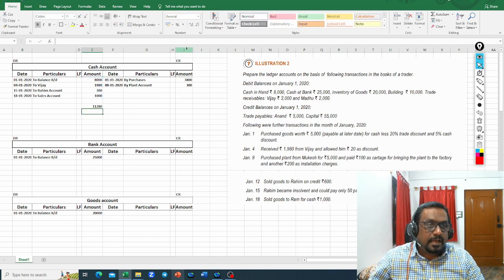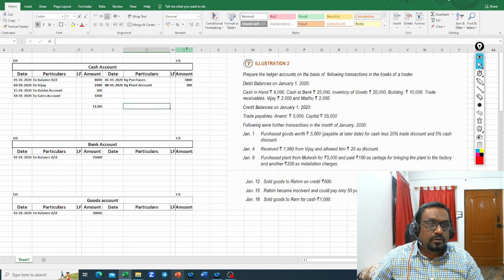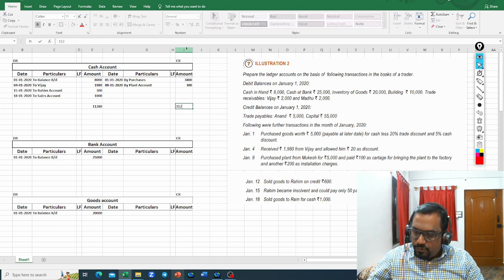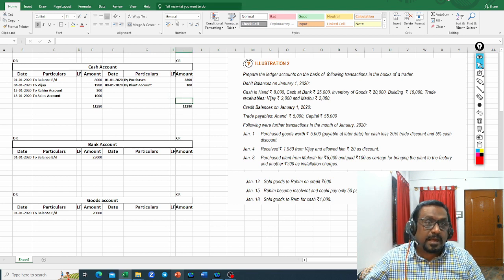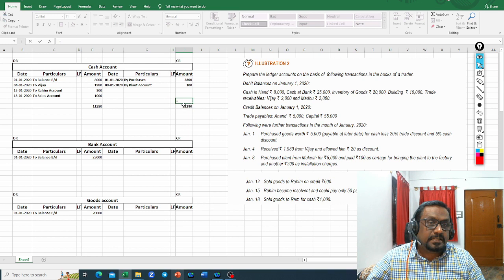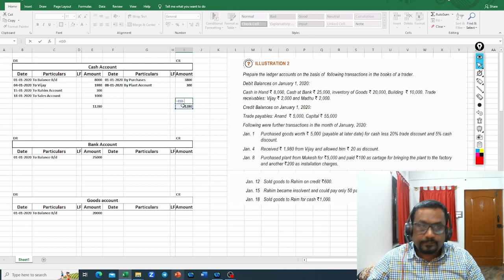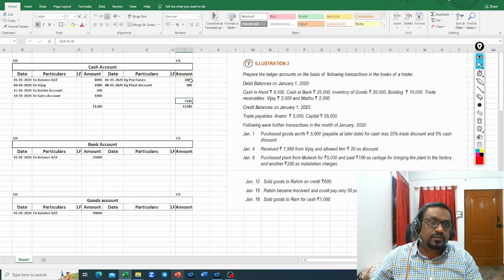So then you get 11,280. Then you need to put the same amount of 11,280 here. This is what I explained. Then you need to subtract this amount from these balances here. So minus, subtracting this, minus, subtracting this. How much did I get? 7,180.